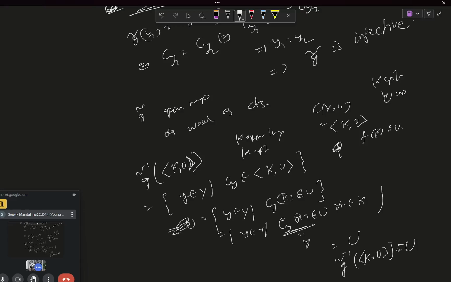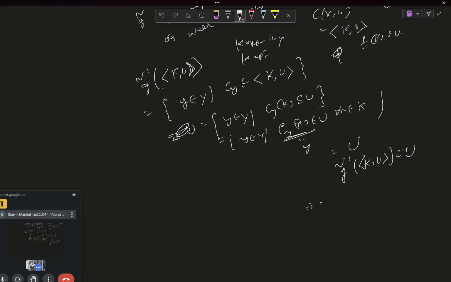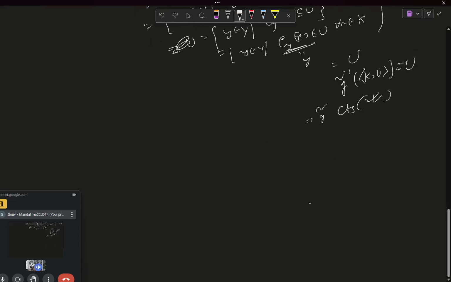So this implies g tilde is continuous. Fine. Now let's check openness. Okay. How to check openness?